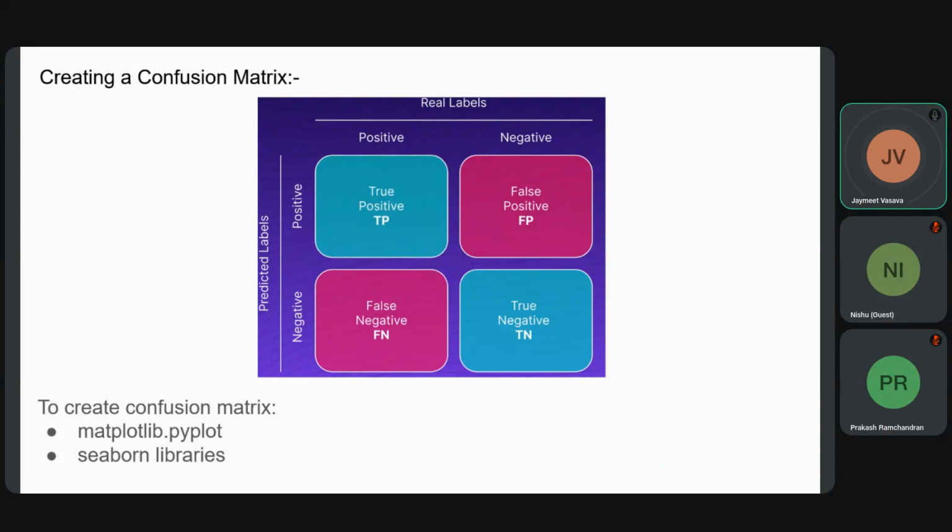So the true positives and the true negatives are the values that are true and given as true, or false and given as false. But the false negatives and the false positives are the values where, for false negative, it should have been positive but was given as negative, and for false positive, it should have been negative but was given as positive.